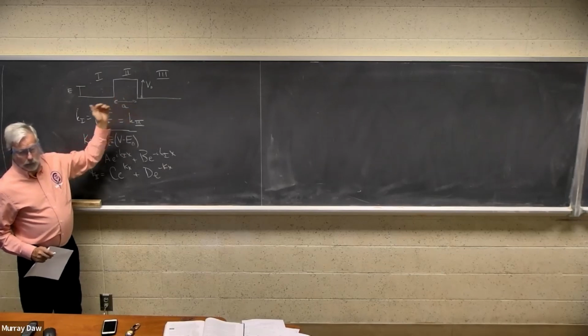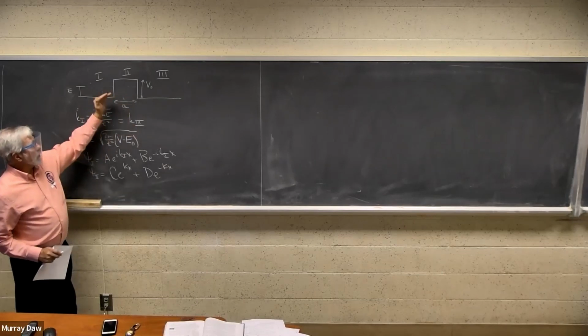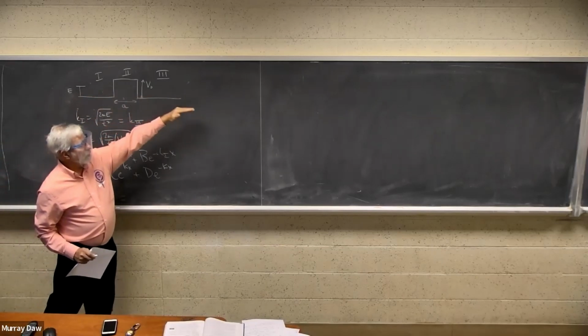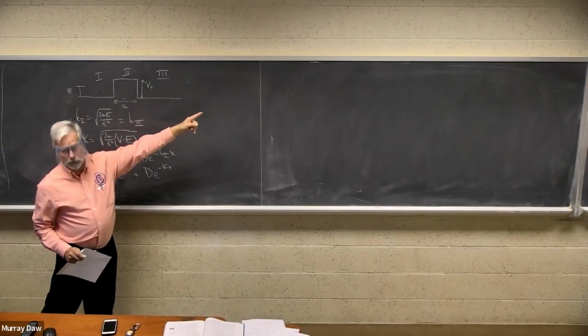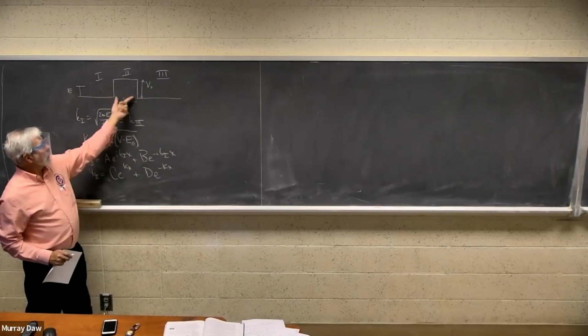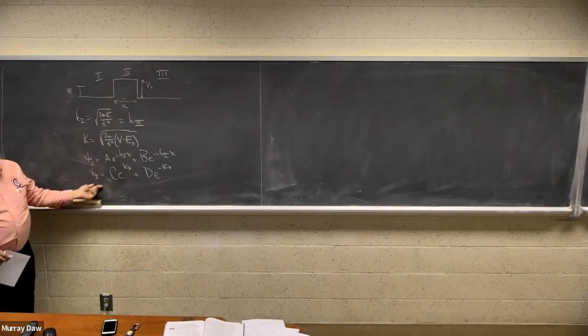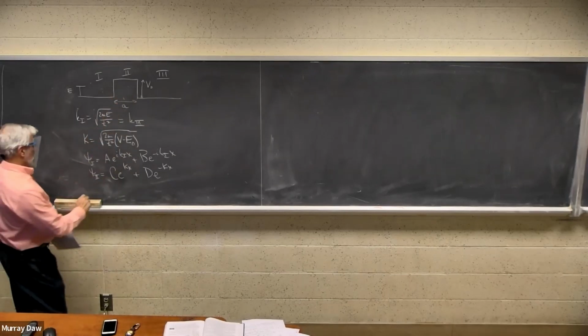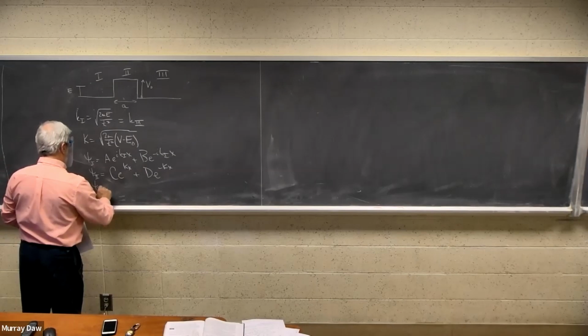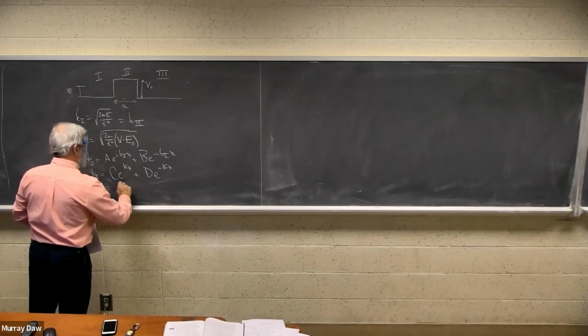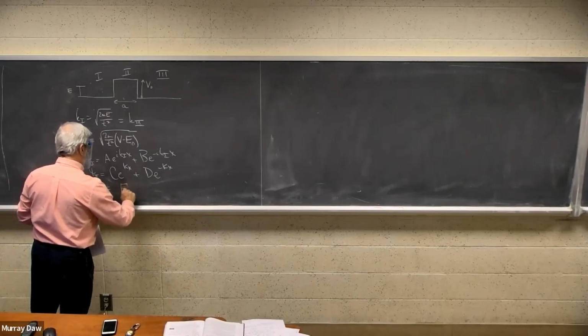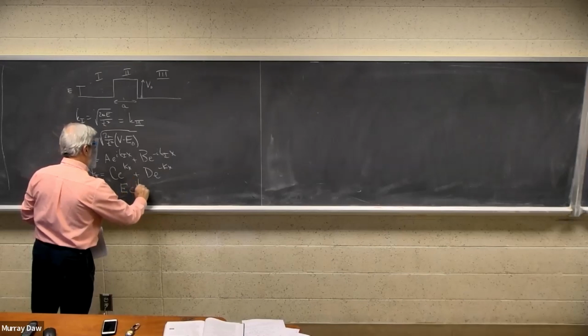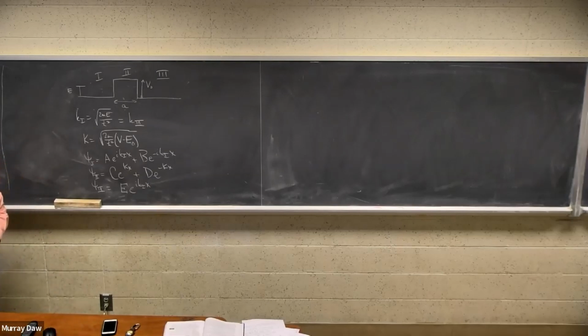We threw out one of the exponentials when we did the barrier with just the step up, because it would grow exponentially, but that's not true anymore. So in region 2, we have both terms. In region 3, we have just the right traveling wave. There's nothing over to the right that will reflect. We have only the right traveling wave.